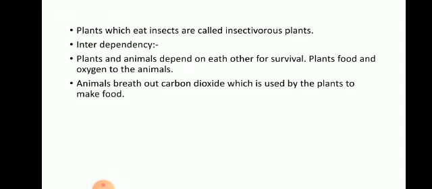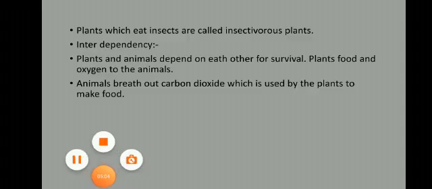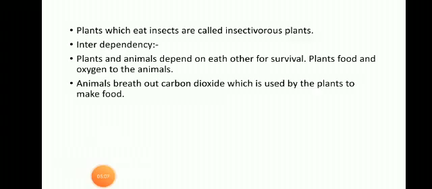Plants give food and oxygen to the animals. Yeah, plants give us food and also give us oxygen, but animals breathe out carbon dioxide, which is used by the plants to make food. That means plants are going to give us oxygen, and animals are going to give carbon dioxide to the plants.